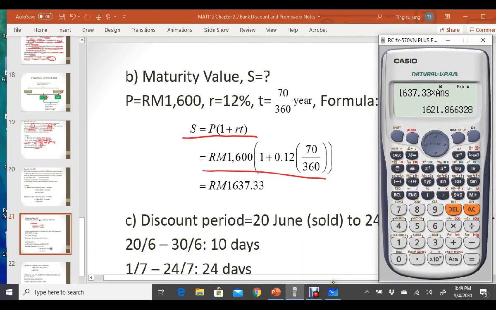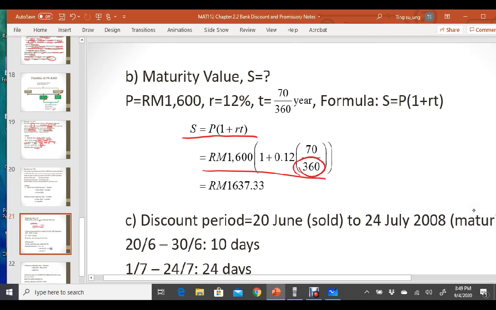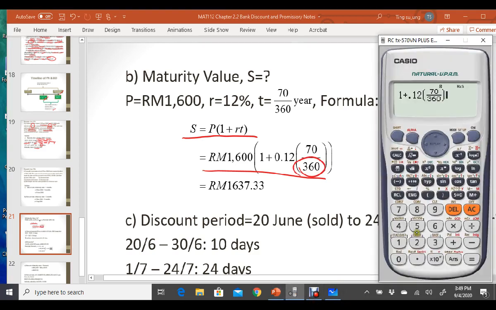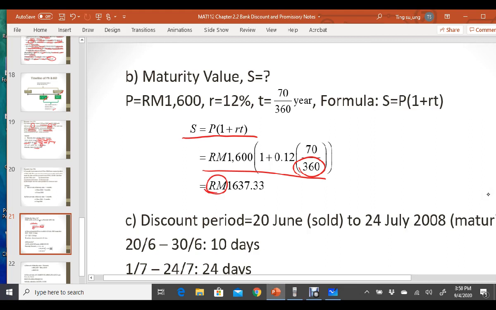So again, as usual, 1 plus 0.12, solve the one in the bracket first. Divide by 360. Again, do remember using Banker's rule. Then multiply with 1600. So you get your answer.